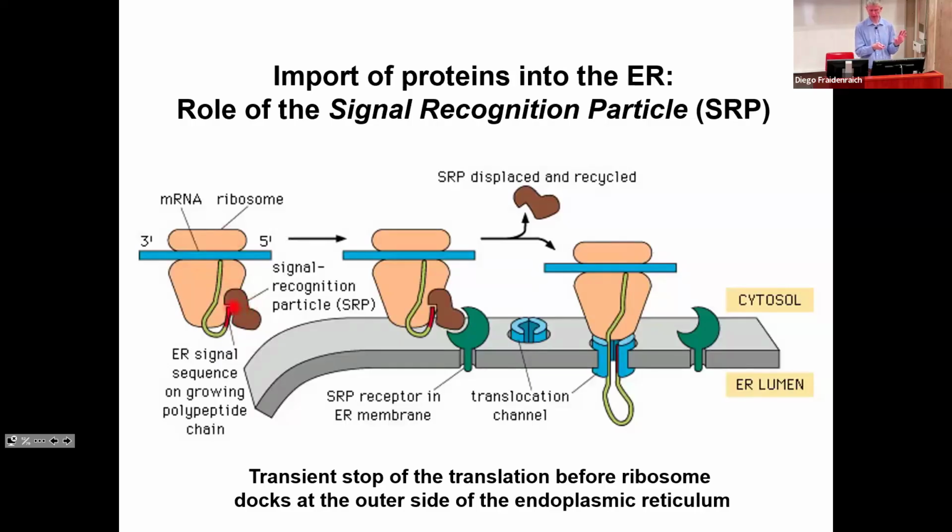So it will stop here, and then the ribosome would float or look for this outer side of the endoplasmic reticulum. And once the signal recognition particle interacts with the SRP receptor in the membrane, so this receptor recognizes the SRP on the ribosome.